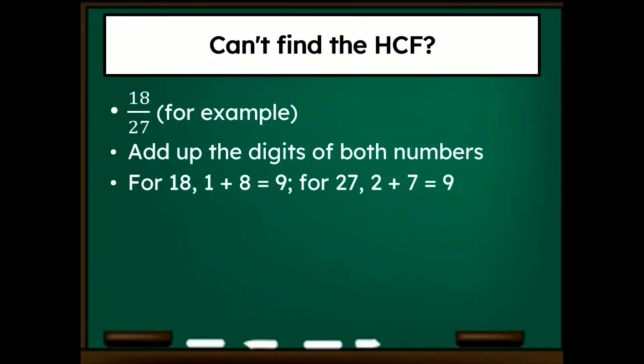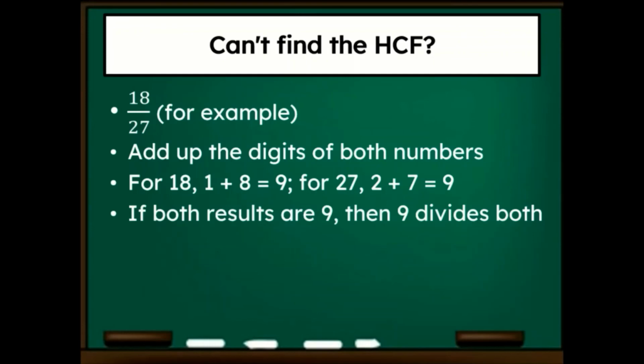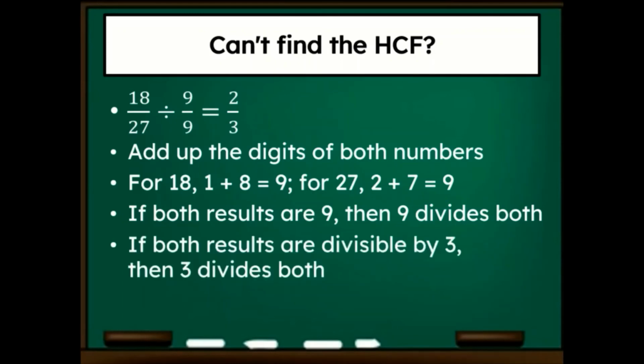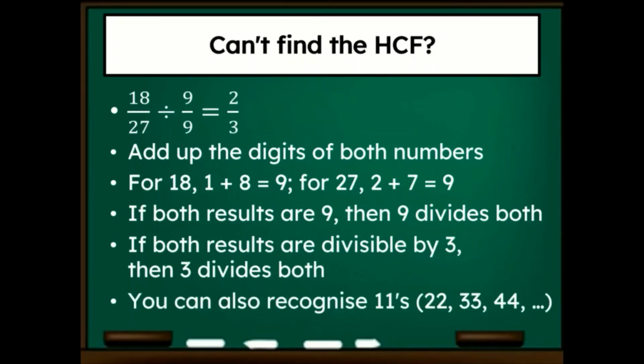So in this case, both of them are divisible by 9, and 9 divides both. So I can divide by 9 over 9 and get 2/3. If they'd just been divisible by 3, I could have done it with 3 over 3. And you can also recognise 11s from the 11 times table, 22, 33, 44.